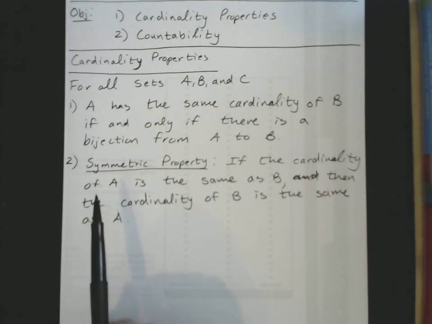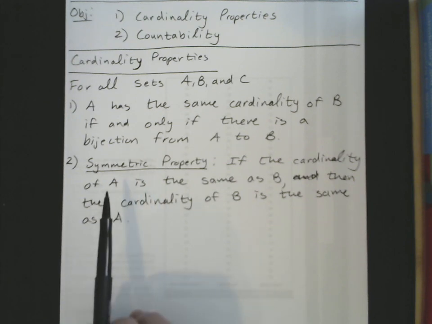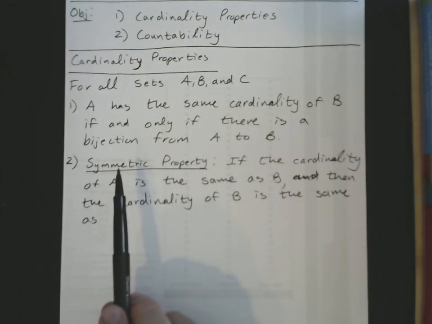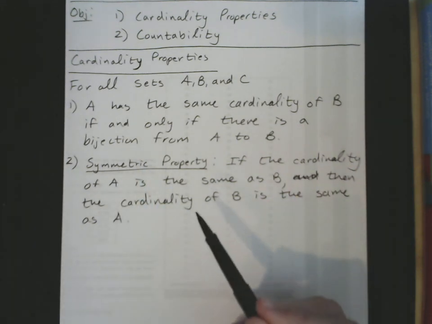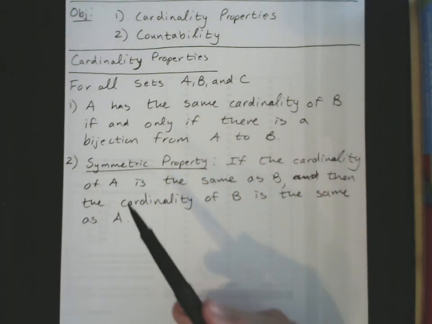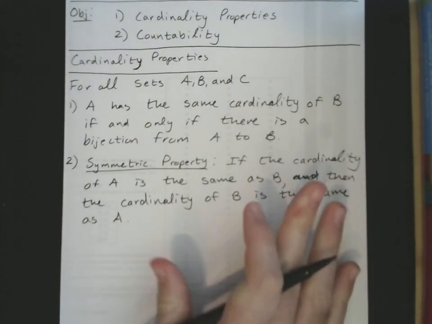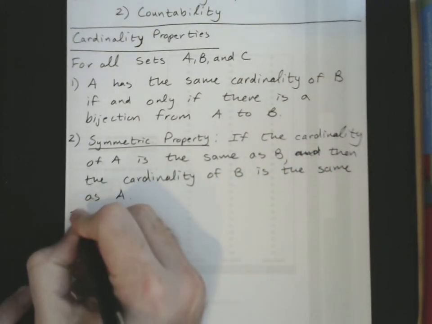So it makes sense that this should be the case. Since we have a bijection, we can invert that bijection from A to B to go from B to A. And we know from the last section that if you have a surjective function, its inverse is then also surjective. So not breaking any rules here.